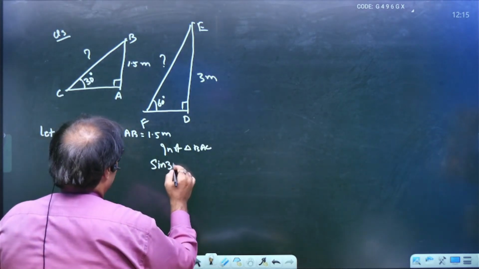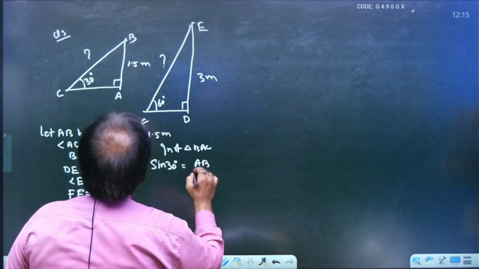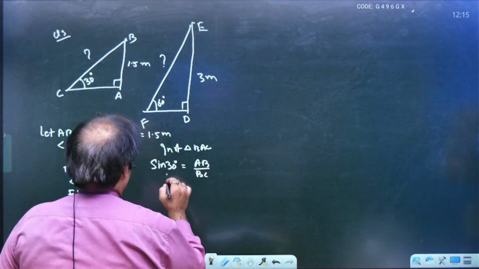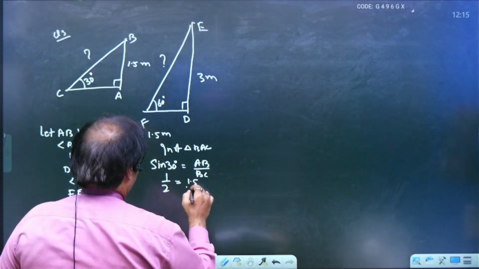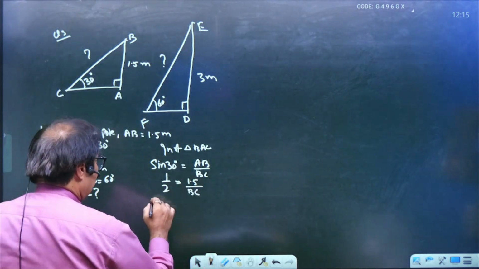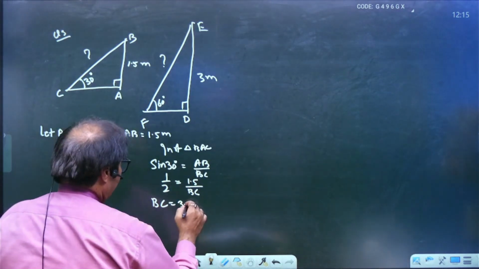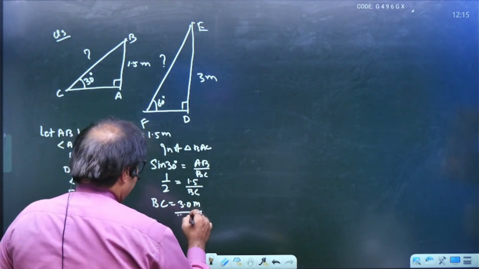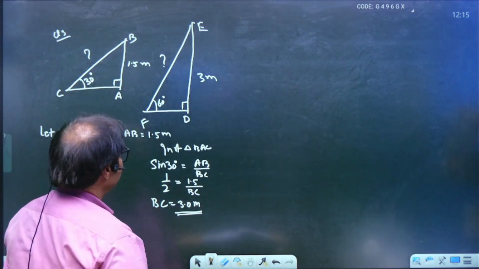So sine 30 degree is equal to perpendicular upon hypotenuse, and the value of sine 30 is 1 by 2, the value of AB is 1.5 and BC we have to find. By cross multiplication, BC is equal to 2 into 1.5, that is 3.0 meter, which means 3 meter. So the length of the slide is 3 meter.